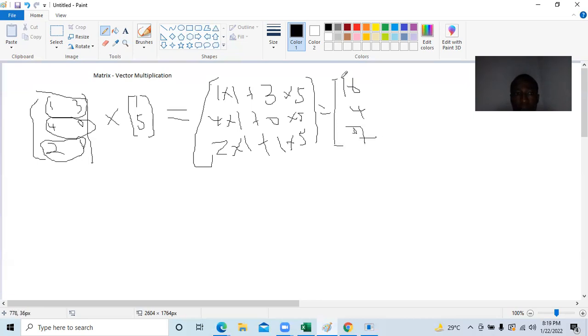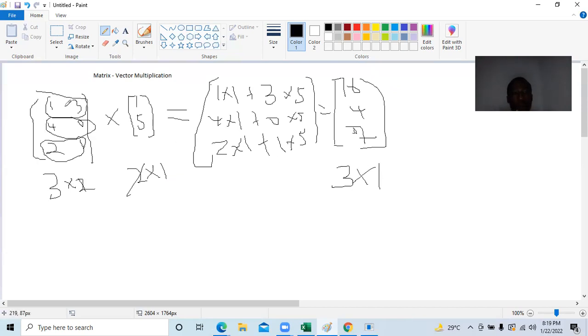The wisdom here is that this is a 3 by 2 matrix multiplied by a 2 by 1 vector, so the 2s cancel, giving us a 3 by 1 vector.